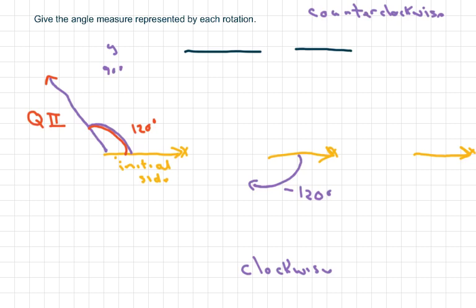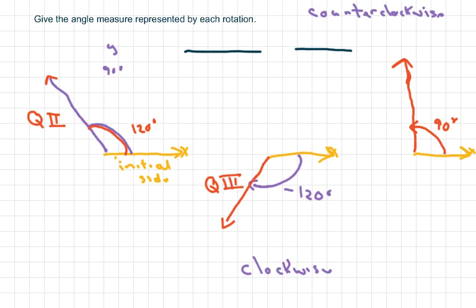And then your terminal side is right here, which leaves us in quadrant 3. And for example, 90 degrees would go counterclockwise, and our terminal side would be actually the y-axis here. It's 90 degrees, and it's not in a quadrant.